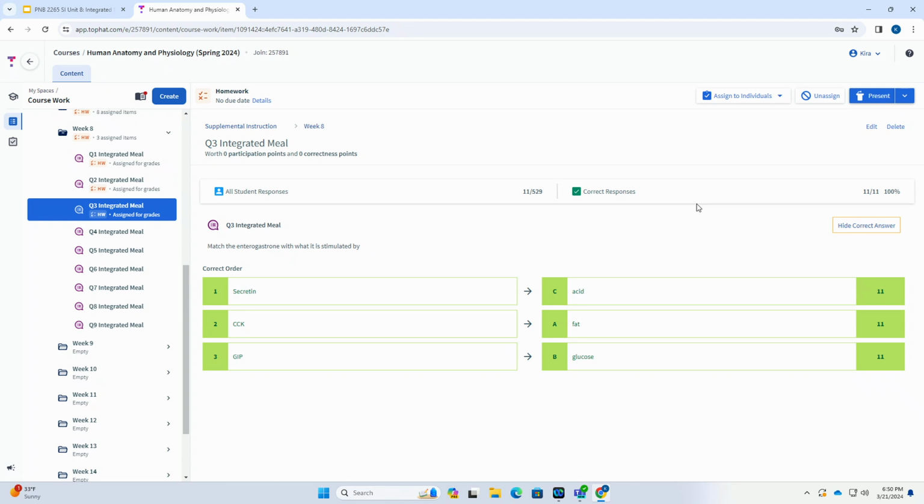Okay, seems like you guys did pretty good. Secretin is stimulated by acid, CCK by fat, GIP by glucose.